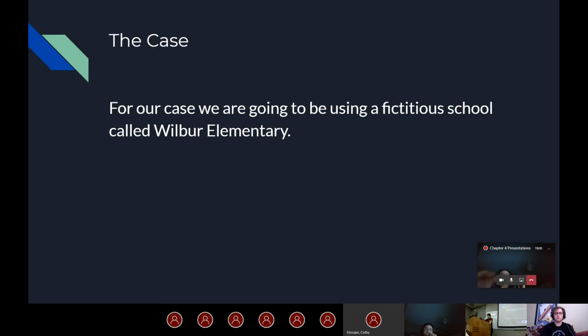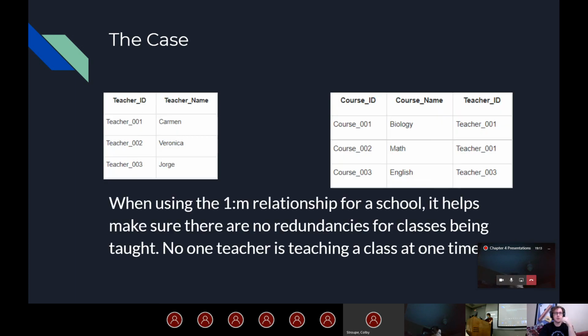All right, and for our case, we'll be using a fictitious school, Wilbur Elementary. We're going to be going over the data table for their course codes versus teachers. So each teacher has an individual teacher ID code right here.